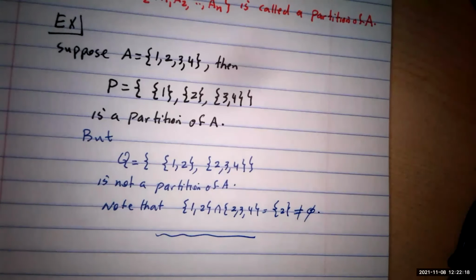In that example that you have in your book, they give you a list, a collection of sets, and they ask you whether or not they form a partition. So that gives you the results we are going to have. Okay, any question? So we are almost done. We're done with whatever we need to do.